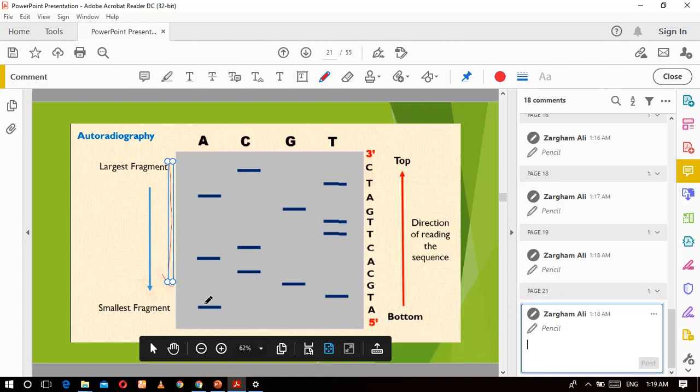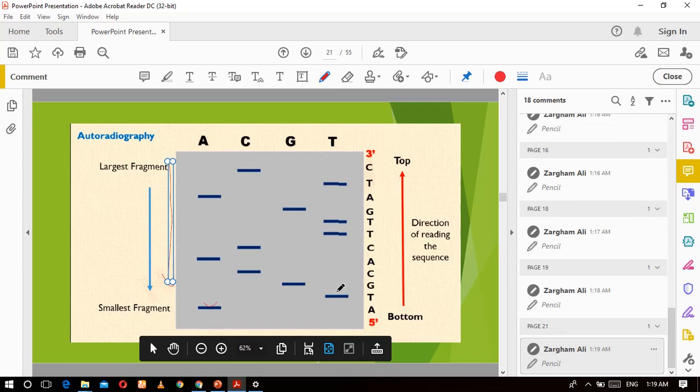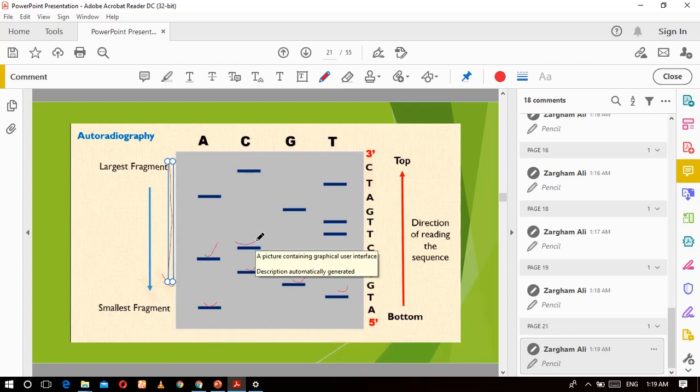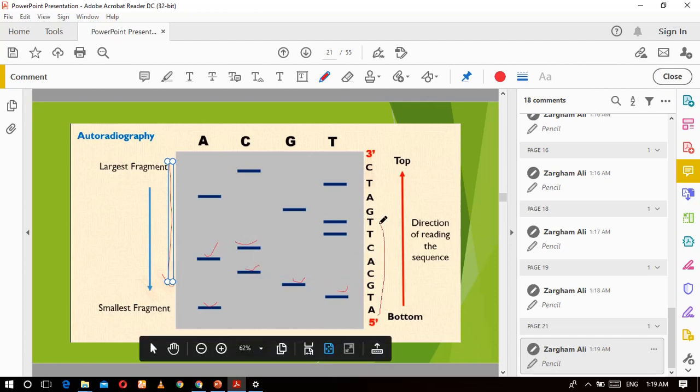As you can see, A is there, then T, then A, then T, then G, then C, then A, then C, and vice versa. This is our obtained sequence after the reaction.